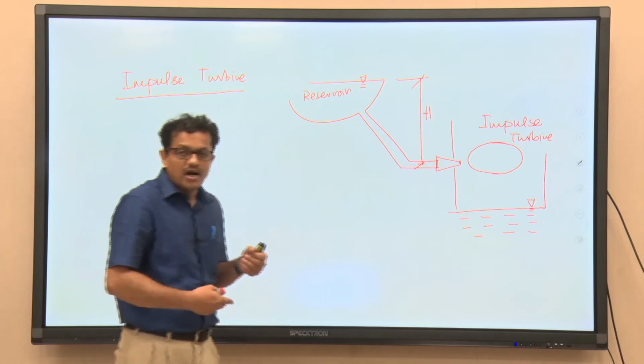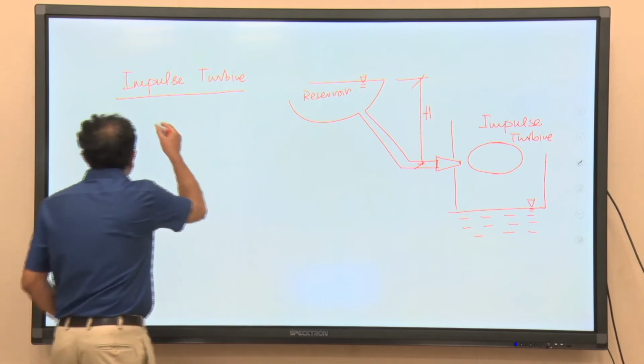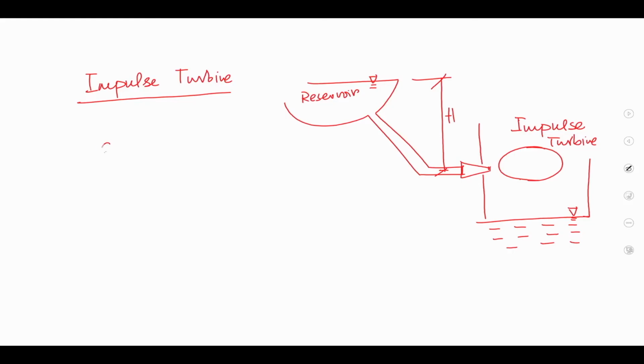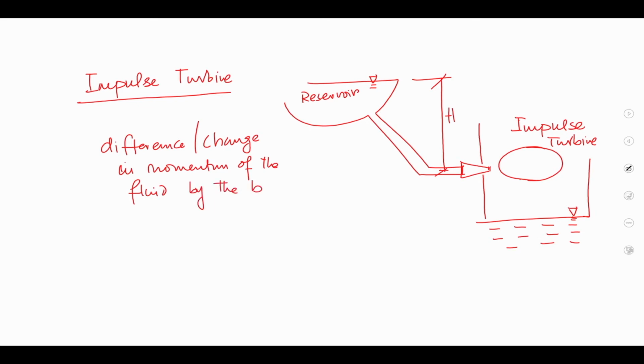Basically, in this impulse turbine we make use of the difference or change in momentum of the fluid by the blades.